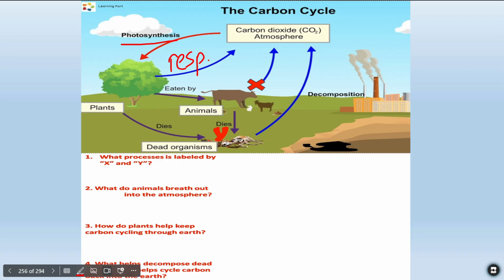We have decomposition. Here's respiration again. We have fossil fuels. So, in the carbon cycle, we are looking at the movement of carbon.